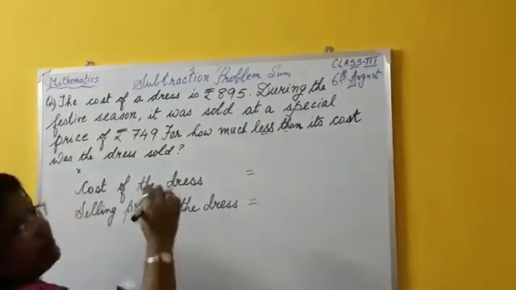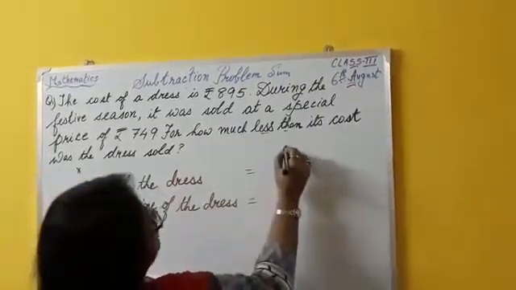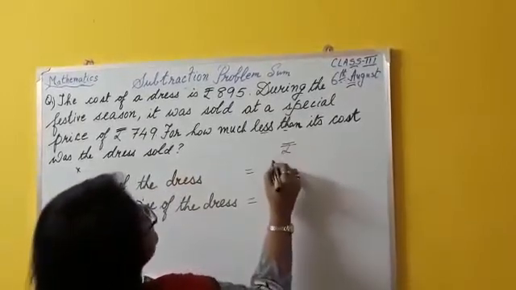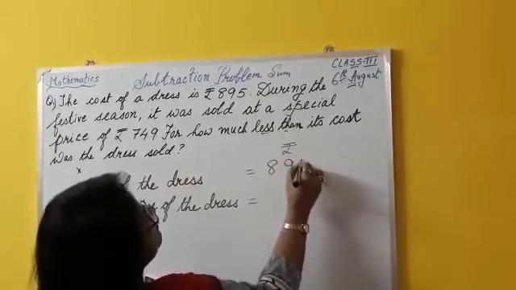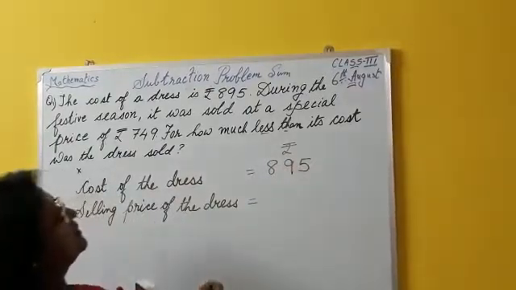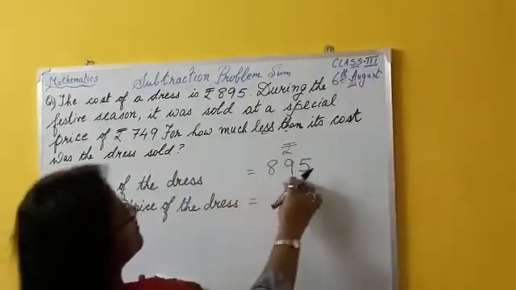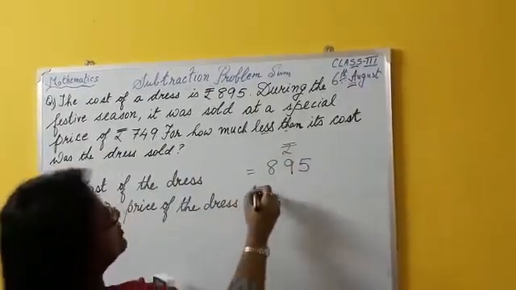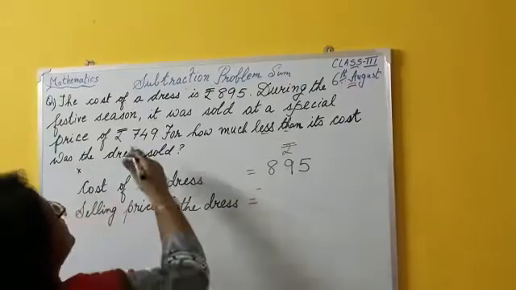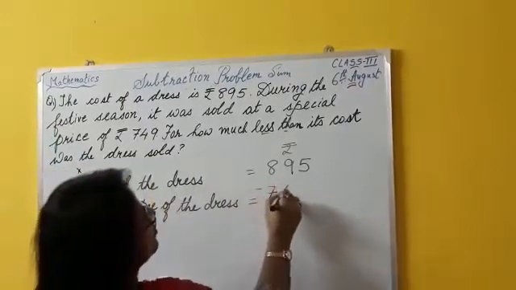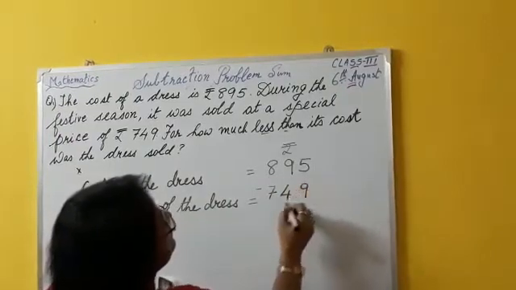Now, what was the price of the dress? It was marked as rupees 895. Okay, the tag was written as 895 and the dress was sold. The dress will be sold for rupees 749.